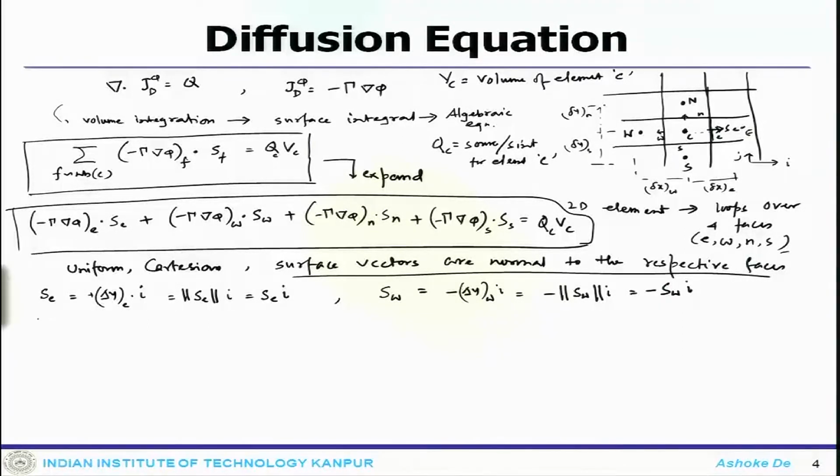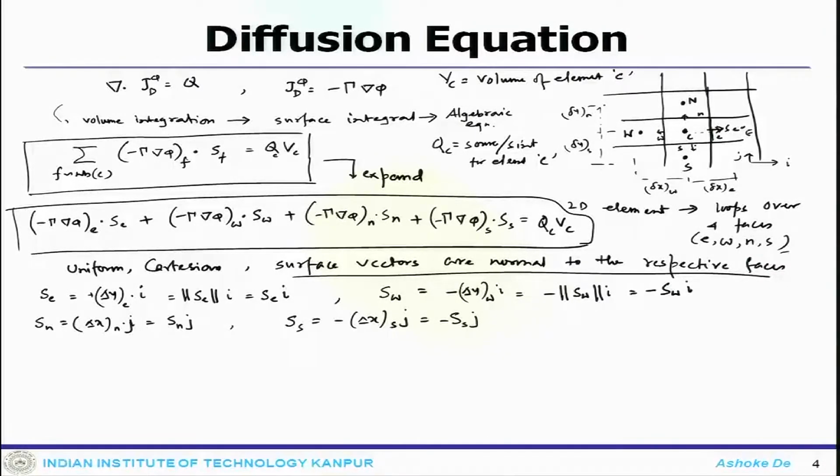S n would be delta x n in direction j, S n j, and similarly S s would be minus delta x s j. So here you get all your surface vector definitions.